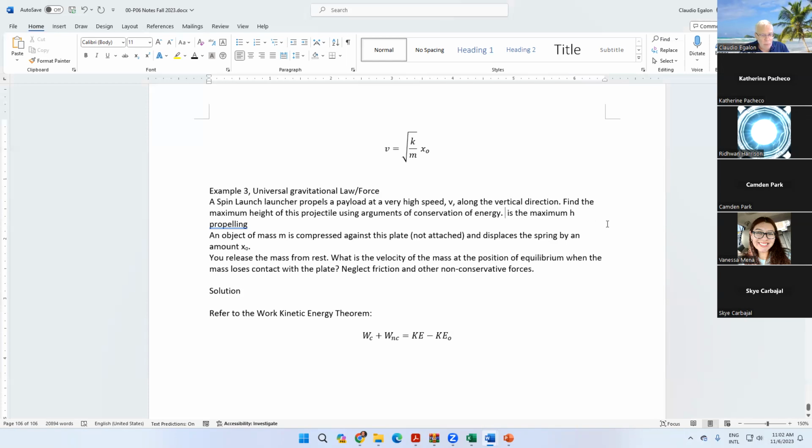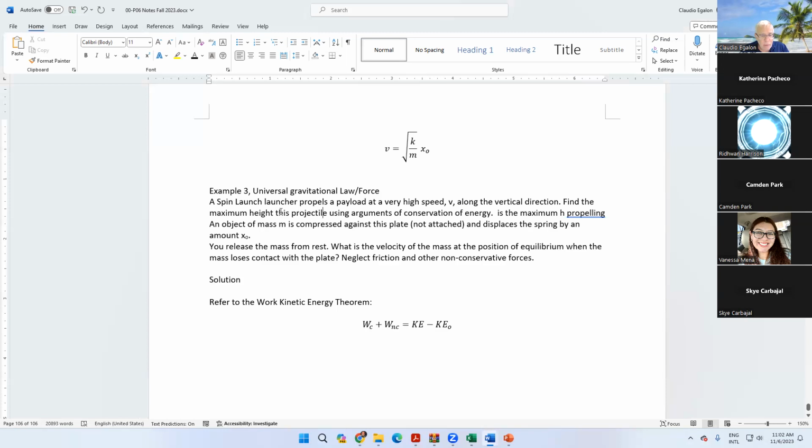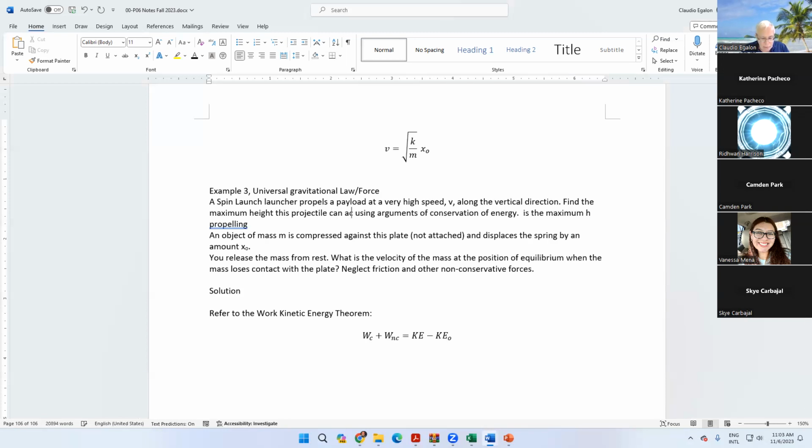A Spin Launch launcher propels a payload at very high speed V along the vertical direction. Find the maximum height this projectile can achieve using arguments of conservation of energy.